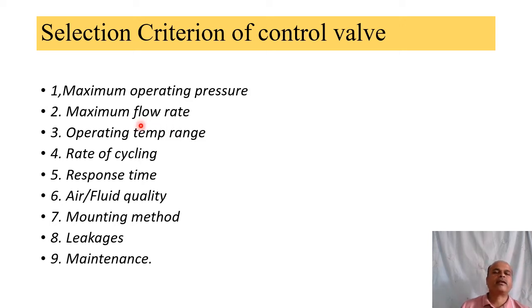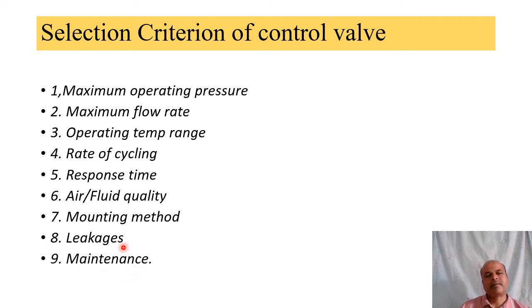Next is the operating temperature range, then rate of cycling, then response time, then air or fluid quality, that is whether the air is a mixture of dust particles or other, or the quality of the liquid fluid. Then mounting method, leakages, maintenance.